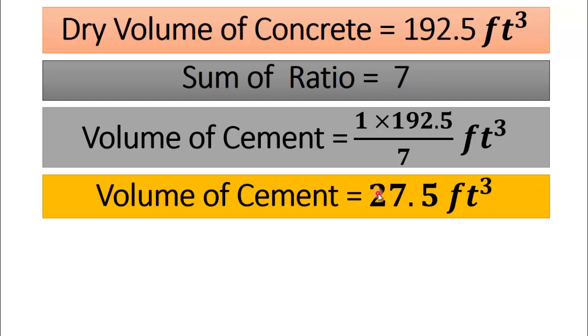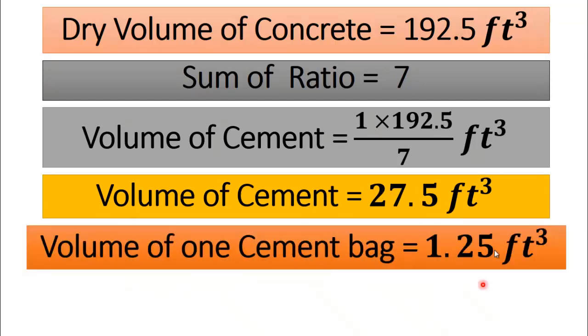Generally the cement is obtained in bags, so here we need to find the number of bags. We know that the volume of one cement bag is equal to 1.25 cubic feet. If you want to know details about how the volume of one cement bag is equal to 1.25 cubic feet, you can watch my video by clicking this icon.